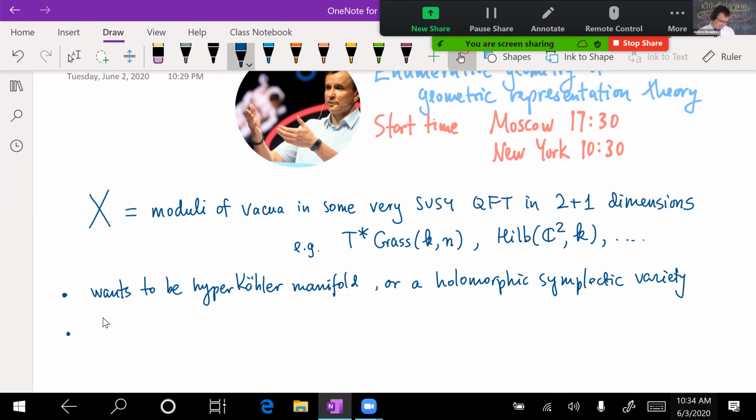So, for example, in a statistical physics context, the Gibbs measure minimizes a given functional, say free energy, among all possible states. And so this typically wants to be the critical locus of some function.